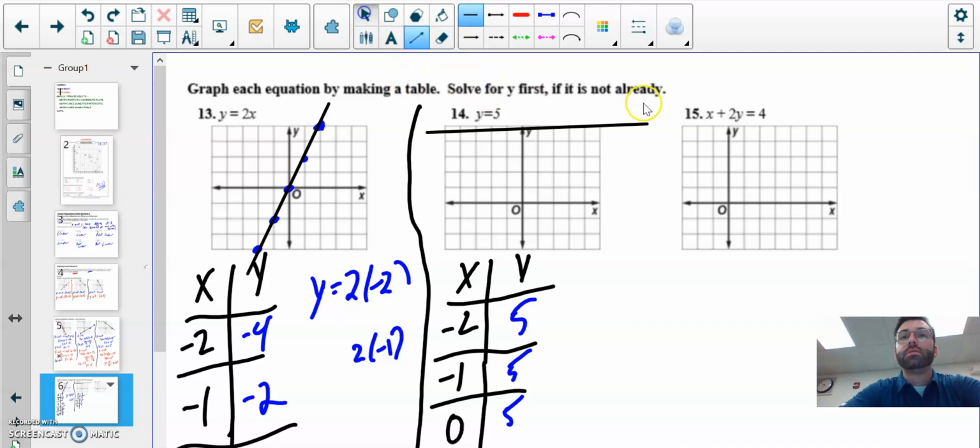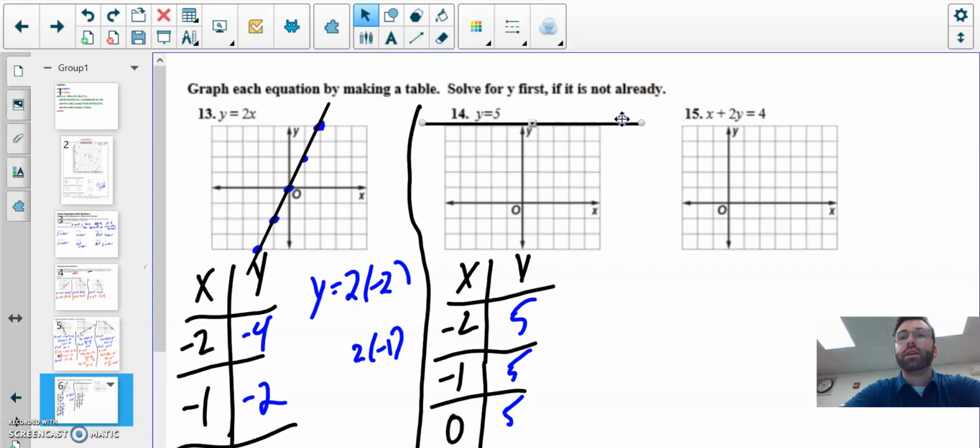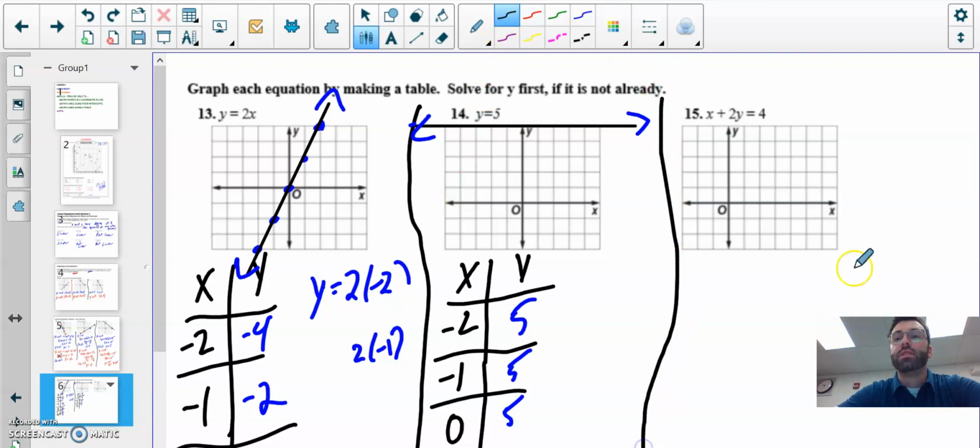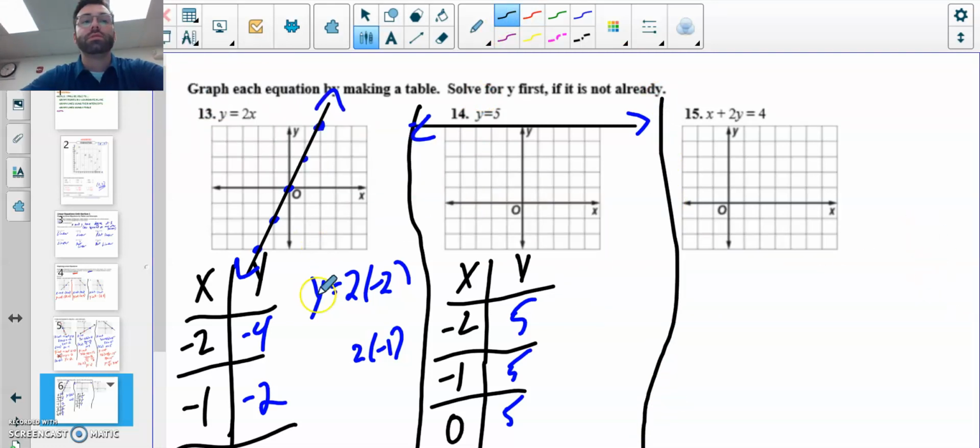Okay, and that's still not going to cut it. All right, and then I put my arrows on the other end. I forgot to do arrows on this one. That's a special case. Horizontal lines are special cases. Vertical lines at some point too.